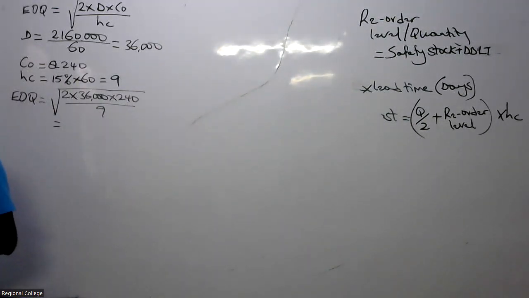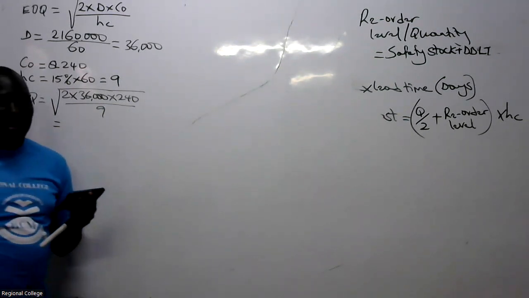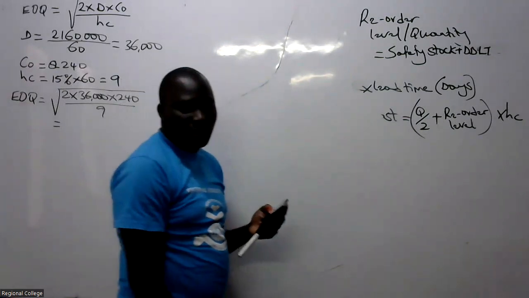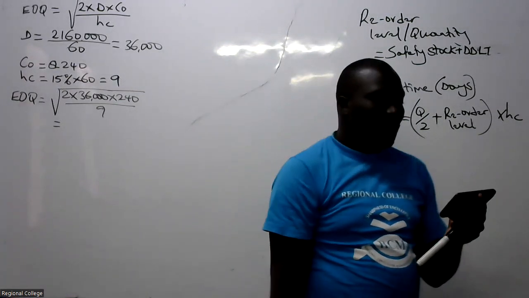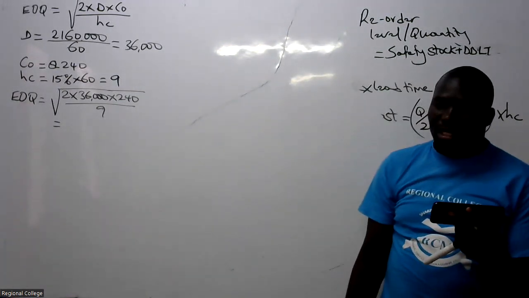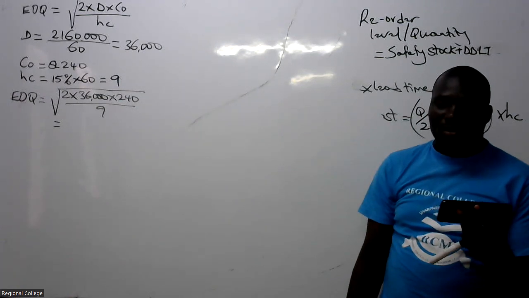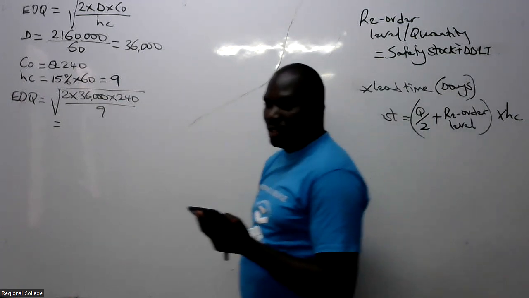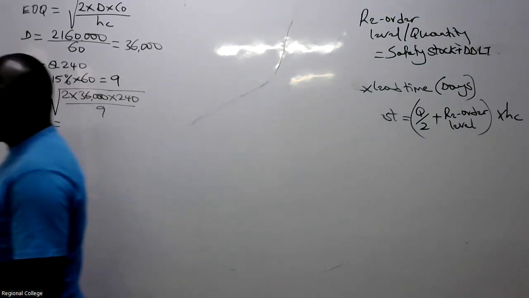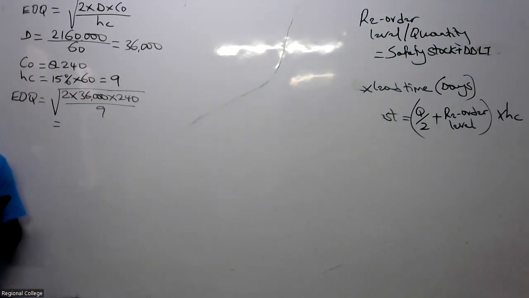Look at my English: how much, not how many. This is about how many units. So how many units were bought at 60 shillings each at a total cost of 2,160,000? This is always in units, the quantity. So it's our annual demand of stock in units.